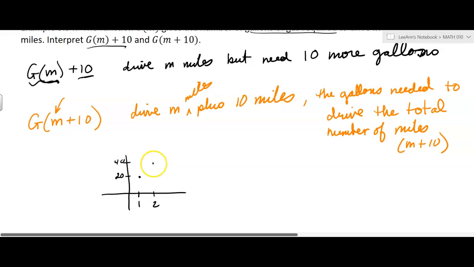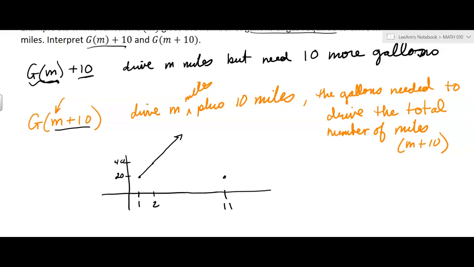So I have these 2 points here and it's just going to increase like that. But now I'm saying m plus 10. So I'm actually at 11 miles, way out here. I'm going to drive 11 miles and it's going to be the 20 gallons of gas, because I already did the 10 miles, okay?